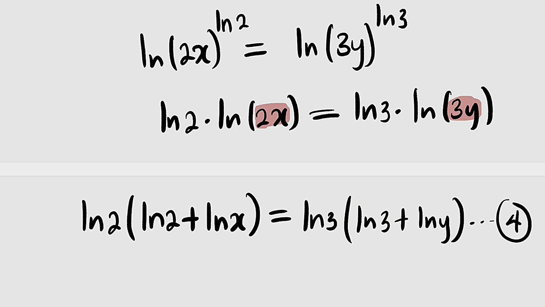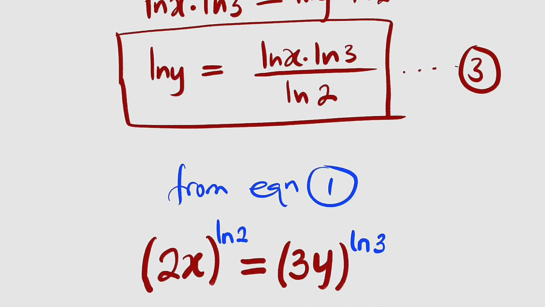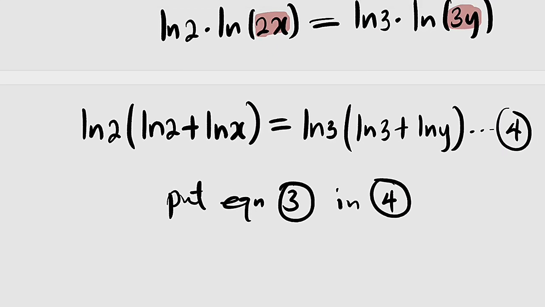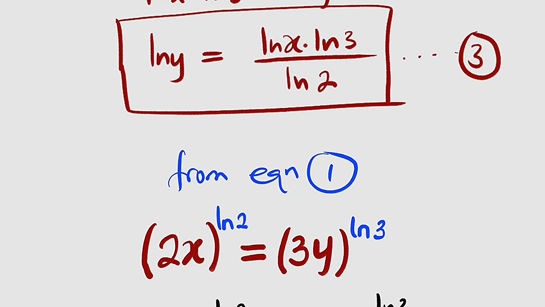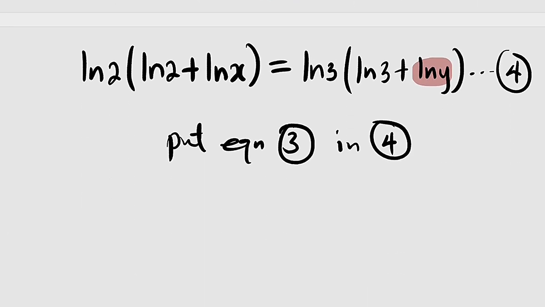But remember, from equation number 3, we have ln y. So we are going to substitute equation number 3 into this equation number 4. This is only where we have ln y, and we have it in equation number 3 as ln x multiplied by ln 3 divided by ln 2. So let us plug it in there.